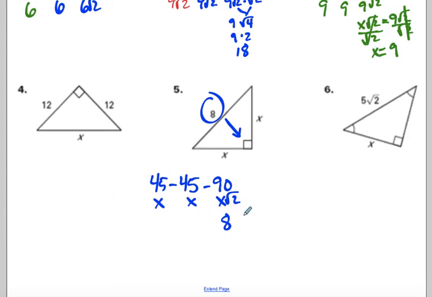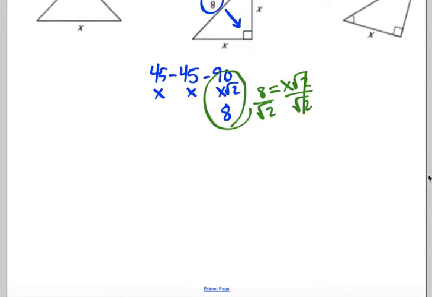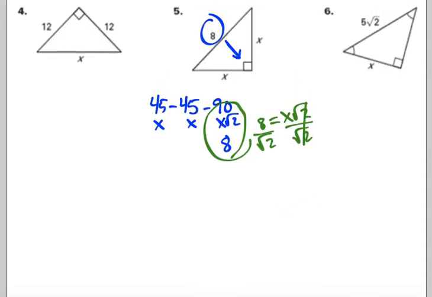And I like to use the table though, so I'm looking at this and I'm seeing 8 is equal to x root 2. And I'm going to divide by root 2 to get x alone. And you're not allowed to leave your answer like that. You have to do what's called rationalizing the denominator. You're not allowed to leave a root on the bottom.